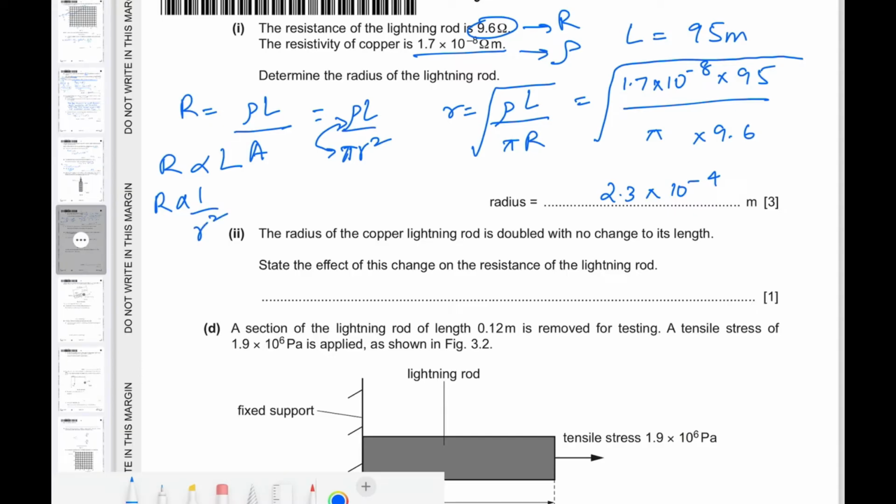Since length remains constant, resistance will change with the radius, and when you multiply radius by 2 and square it, you are going to increase the denominator by a factor of 4, and if you increase the denominator, you are going to decrease the value of resistance by a factor of 4.